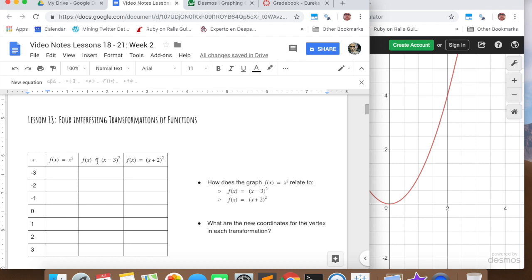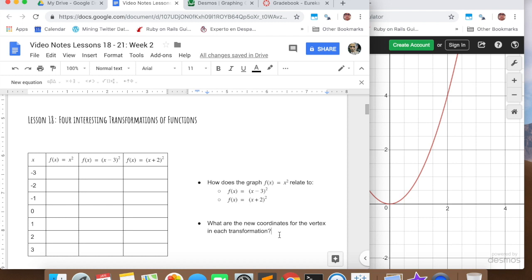So what we're going to do is look at additional interesting transformations. These are transformations we have not seen before. And as we do these together, these are the questions that I would like for you to keep in mind. How is the parent graph related to these new equations? And what are the new coordinates for the vertex in each transformation?